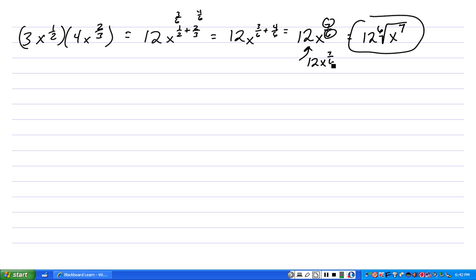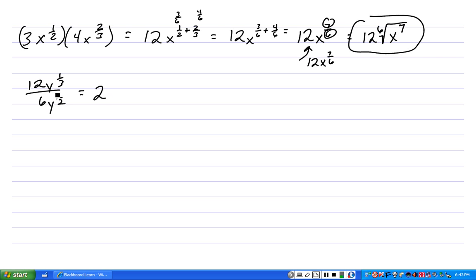Let's say we have 12y to the 1/3 over 6y to the 1/2. Okay, and we know 12 over 6 to be 2.